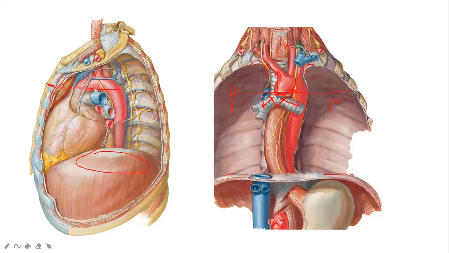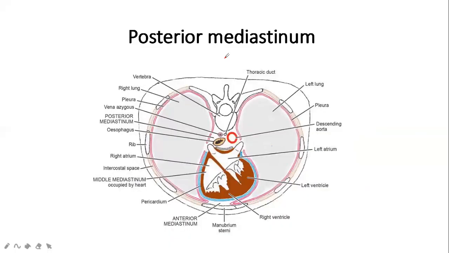All right, so that is the trachea dividing at the carina to give the left and the right principal bronchus. You'll understand much of this when I talk about it later on. So that is the superior mediastinum.